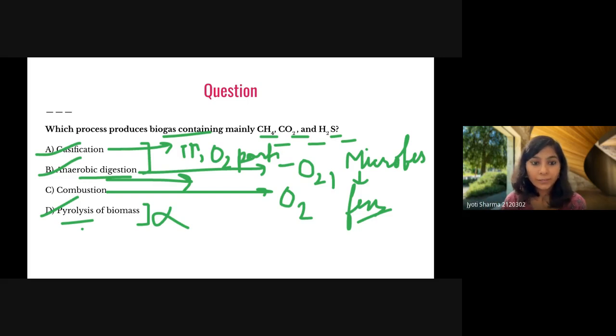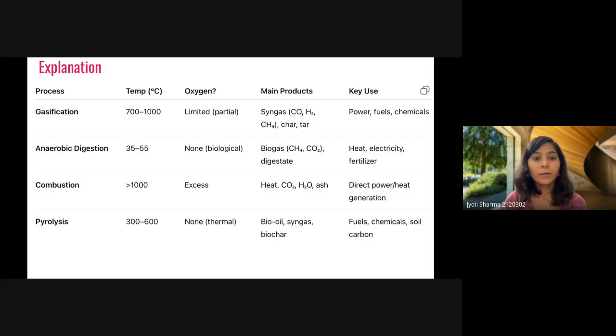Okay, so I think B is the right answer, that is anaerobic digestion, but I'm not saying that A or D is a wrong answer. They are also answers, but mainly the percentage of biogas is released by option B. So just see the differences here. For gasification, the temperature should be 700 to 1000.